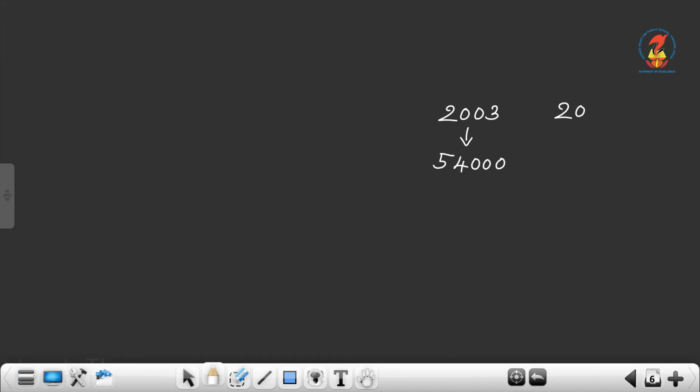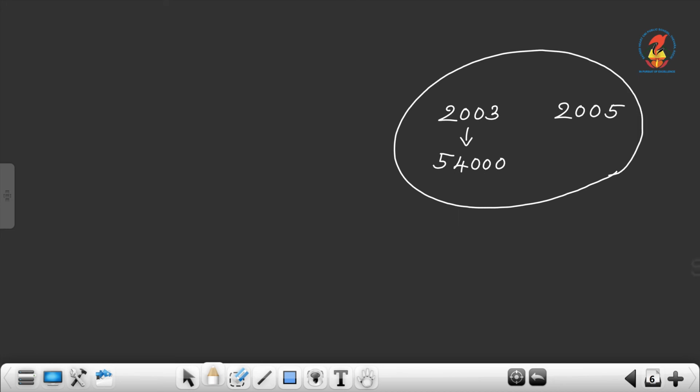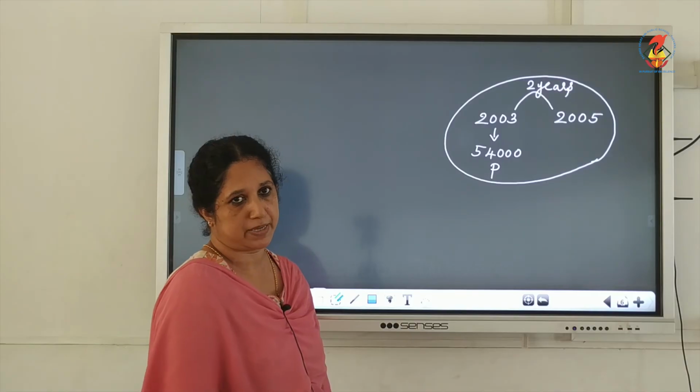Now, you have to find out the population in 2005, so we have to consider these two years. So the population in 2003 we can take as P. So here the value of P is 54,000. So we have to find out the population after 2 years, 2003 to 2005. So after 2 years what would be the population?